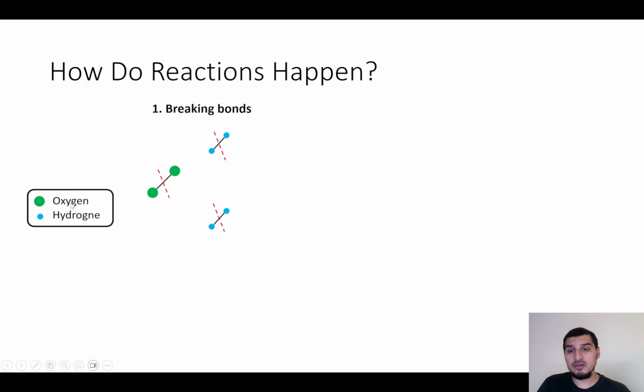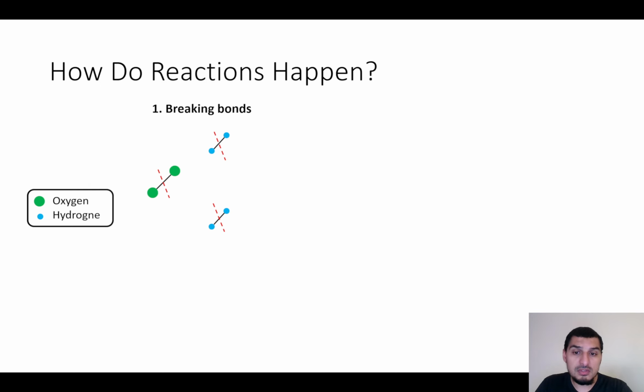For example, here we have 2 atoms of oxygen held together with a covalent bond. So this is an oxygen molecule. These are 2 hydrogen molecules. In order to form new compounds, we have to break the currently available compounds that we have.